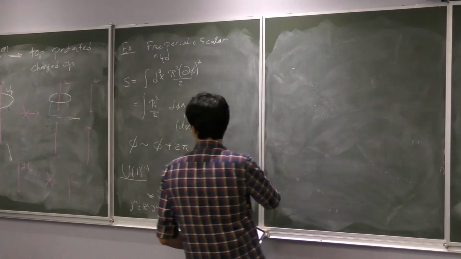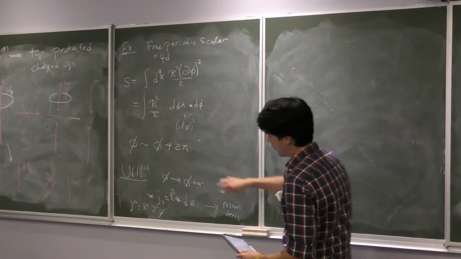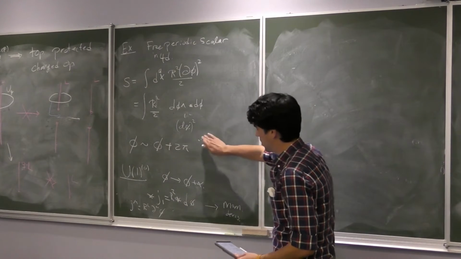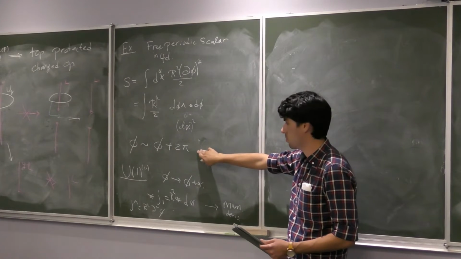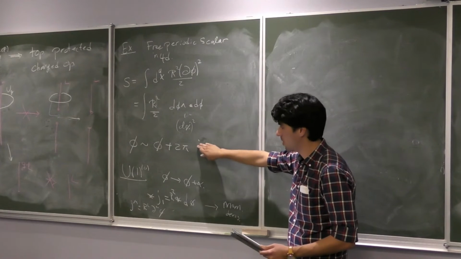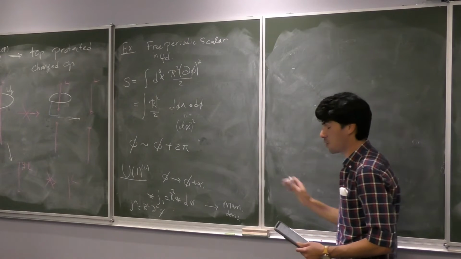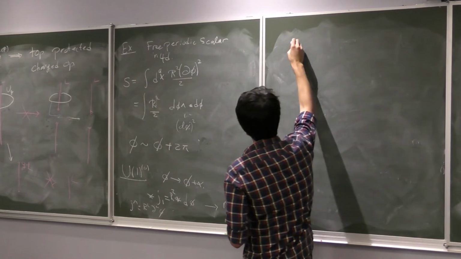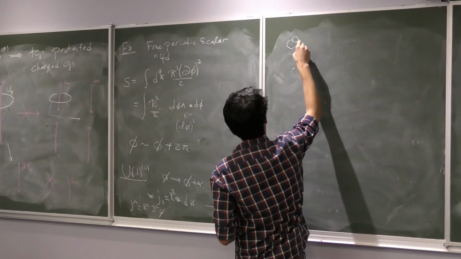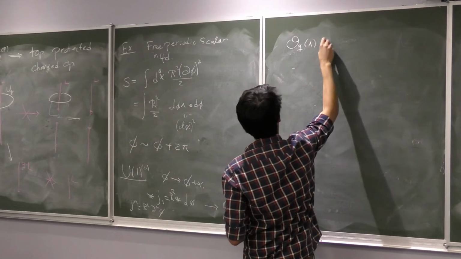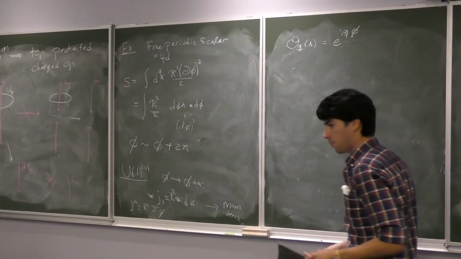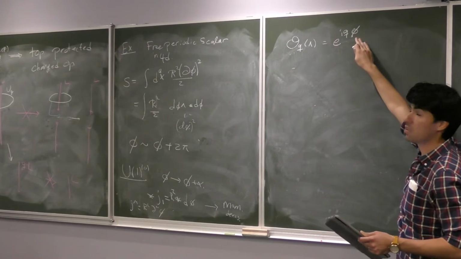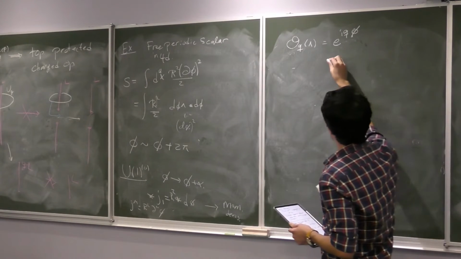Okay, so the local operators that are charged under this, you might say it's φ, but the statement that φ is identified with itself plus 2π means it's like a gauge symmetry, so it's not itself a well-defined operator. So the operators that are charged under it are actually these operators, which are invariant under shifts of 2π.